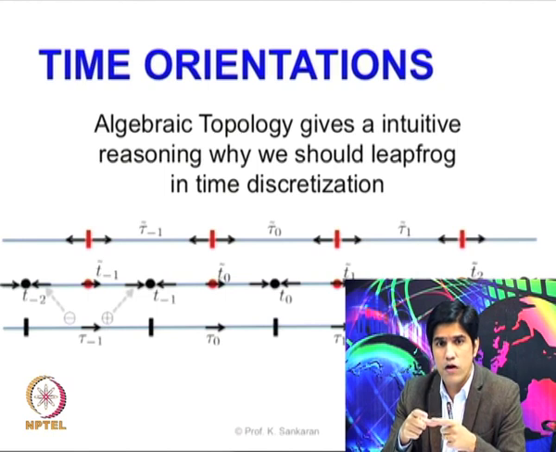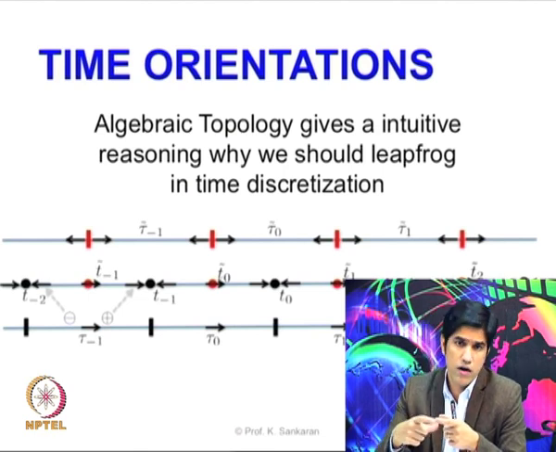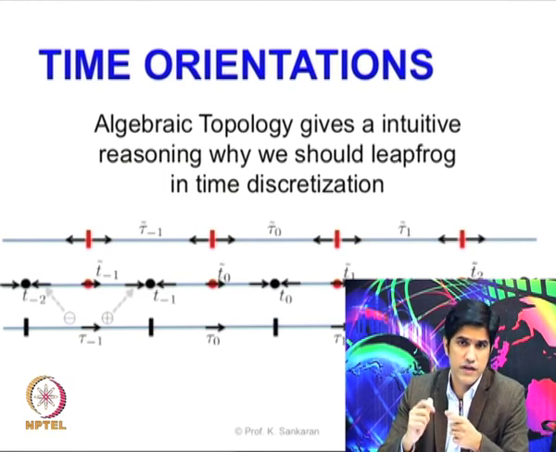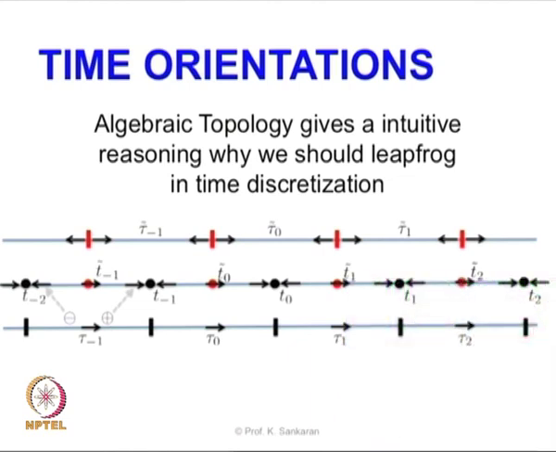One of them will be called the primal time, the other one the dual time. In the primal time, the components will not have any impact even if you change the direction, whereas with the outer orientation, when you change the direction, the object will have certain changes, like we saw in the case of velocity versus acceleration.